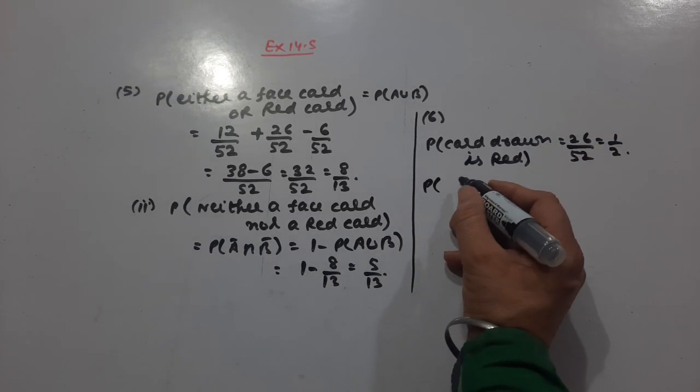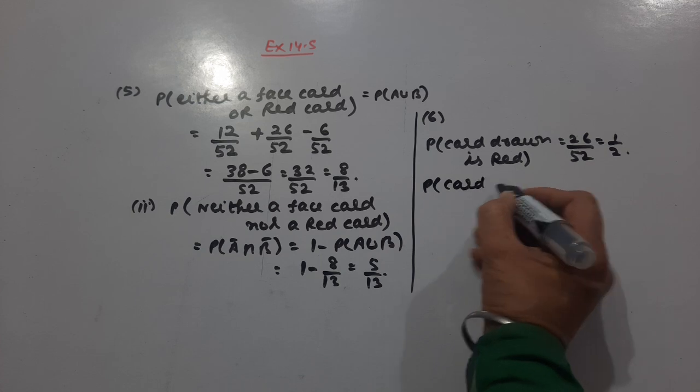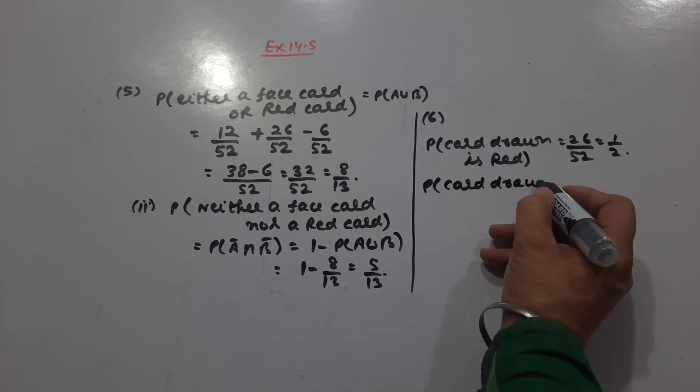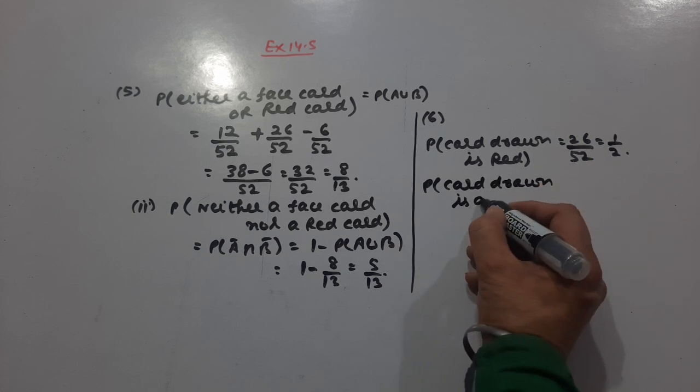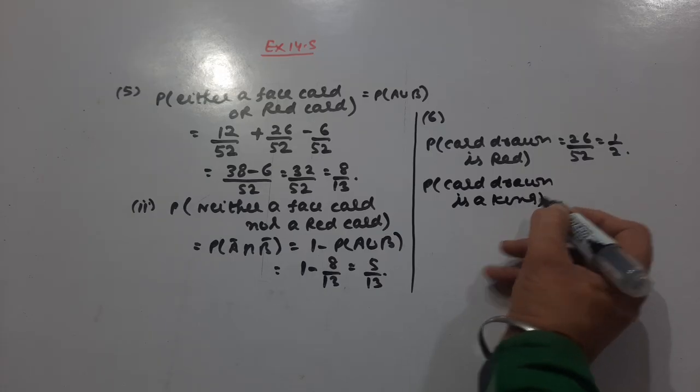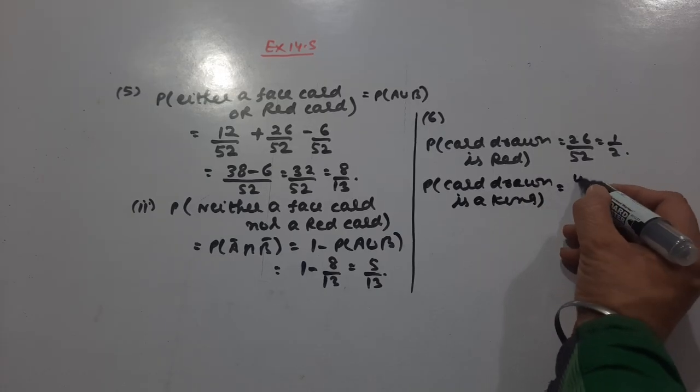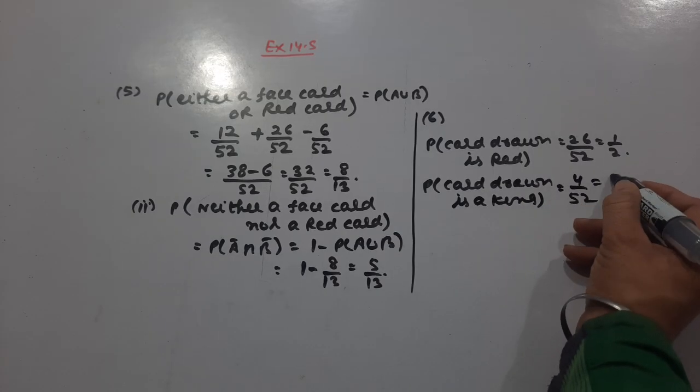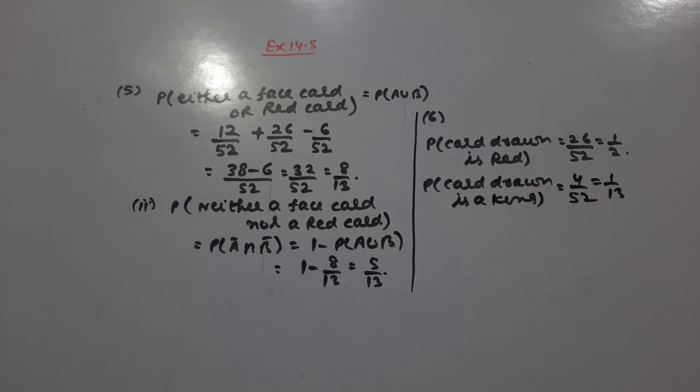And the probability that the card drawn is a king. We have 4 kings, so 4 upon 52, which is equal to 1 by 13.